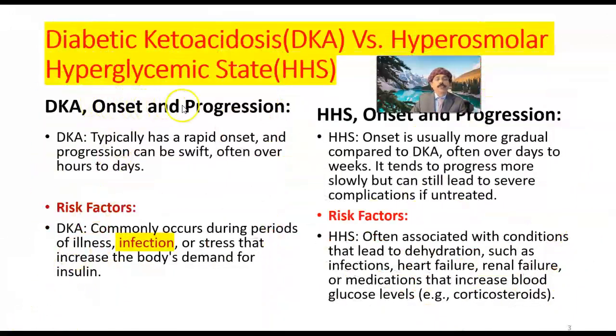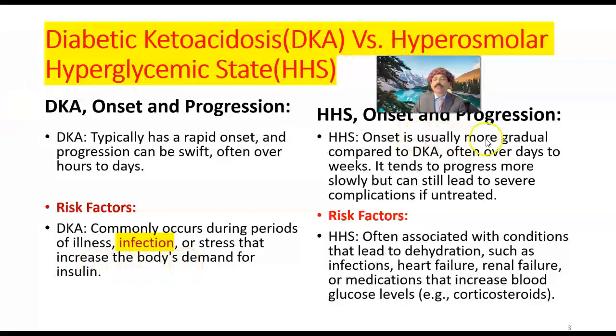Diabetic ketoacidosis onset and progression. Diabetic ketoacidosis typically has a rapid onset and progression can be swift, often over hours to days. Risk factors: it commonly occurs during periods of illness, infection, or stress that increase the body's demand for insulin. How about HHS?